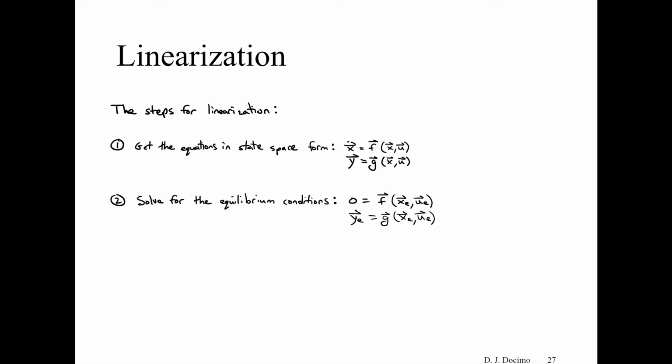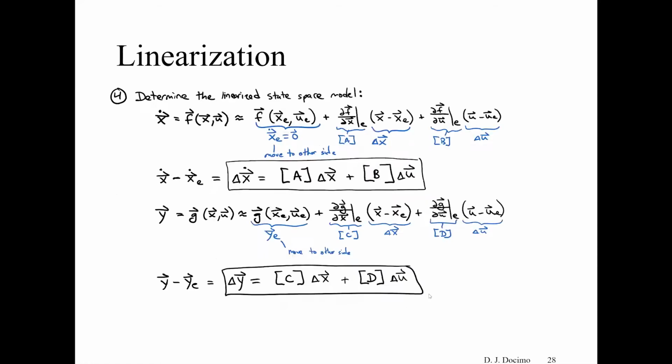We set x vector dot equal to 0 and figure out what all our values xe, ue, and ye should be. Then we define our perturbations. We can represent them as a vector: our actual states minus our equilibrium values for those states. Same thing with inputs, same thing with our outputs.